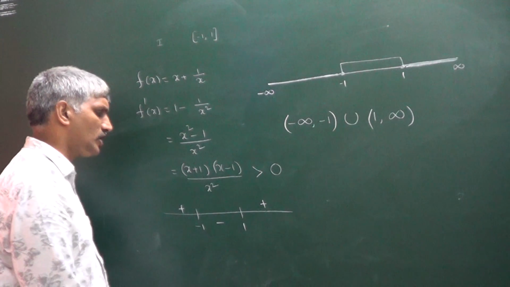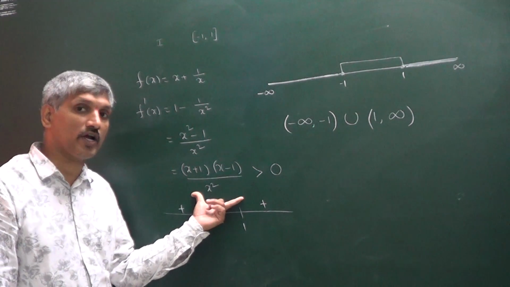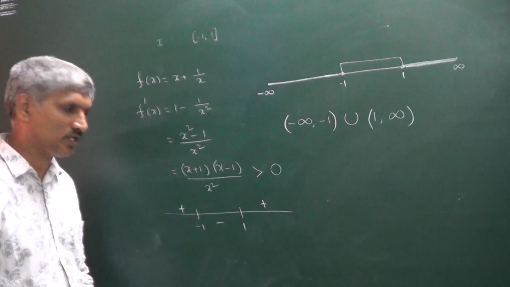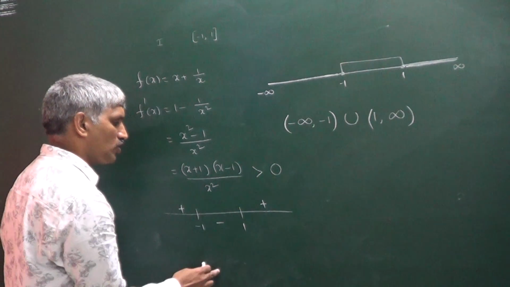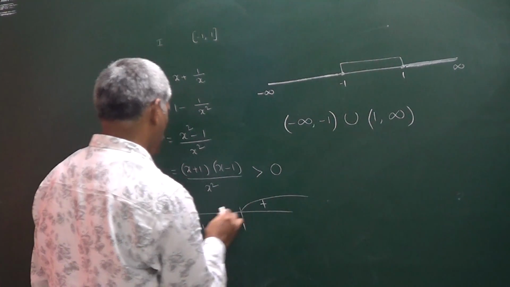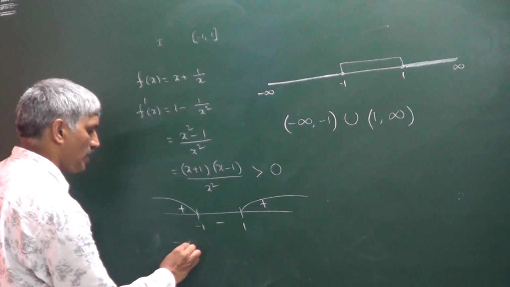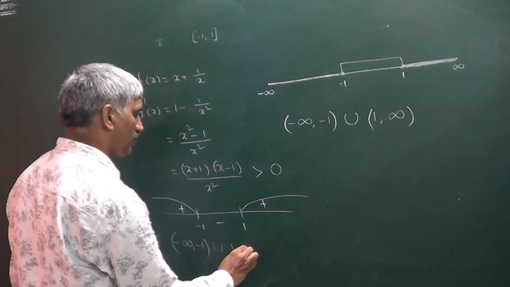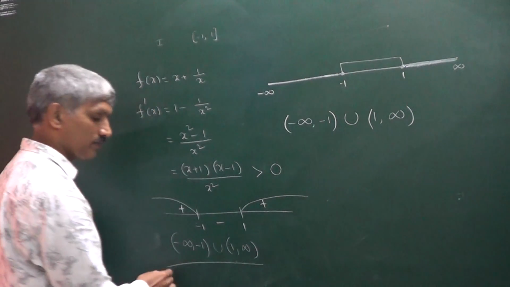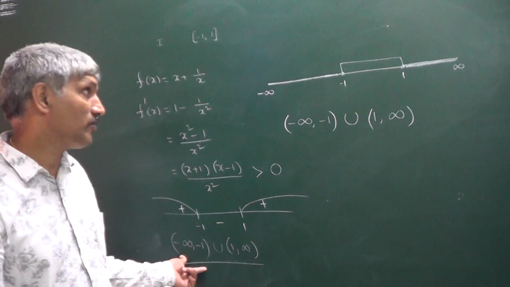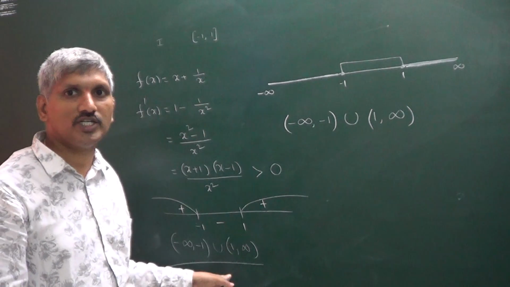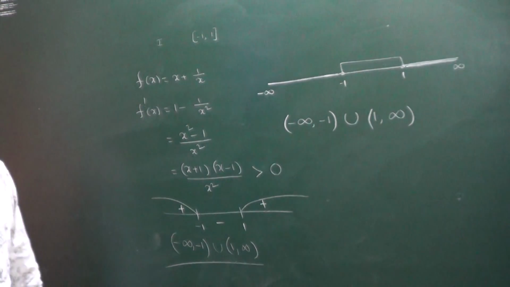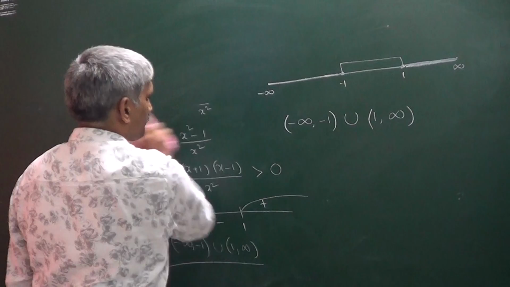Greater than 0 means, because this expression is positive or negative depends on the numerator only, we have to consider the positive portion. This is the positive portion from minus infinity to minus 1 union 1 to infinity. In this interval, this is nothing but the interval disjoint from this. In this interval, the function is strictly increasing function.